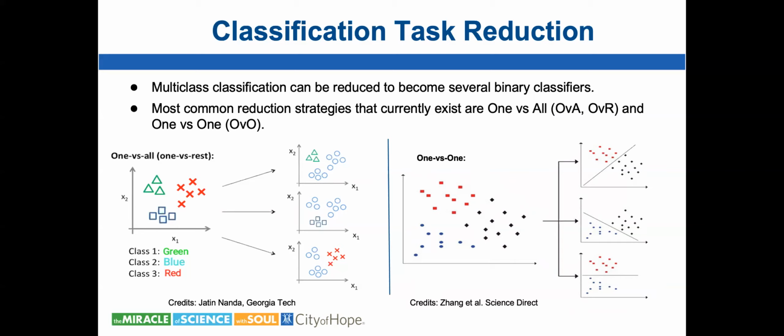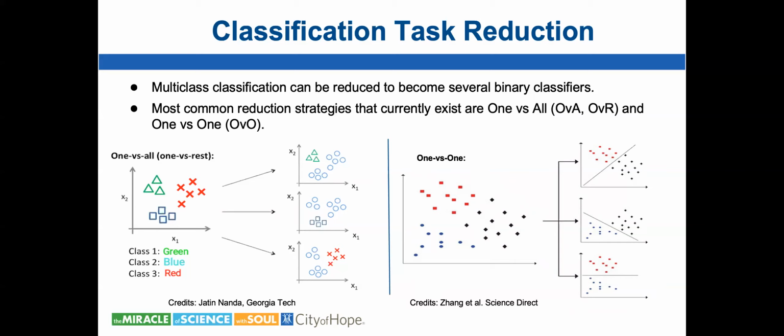And there are several strategies to do this. I'll first start by talking about the two most common strategies, and then I'll talk about two more approaches which are more new and also have some interesting benefits. So the first two strategies are called one versus all, which is also known as one versus rest, and the other strategy is called one versus one.